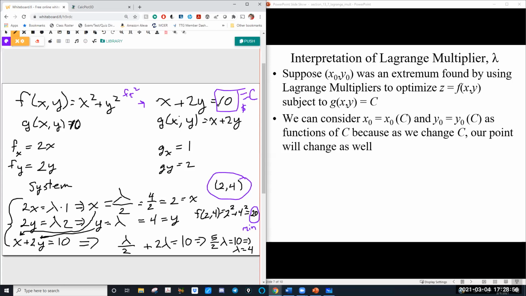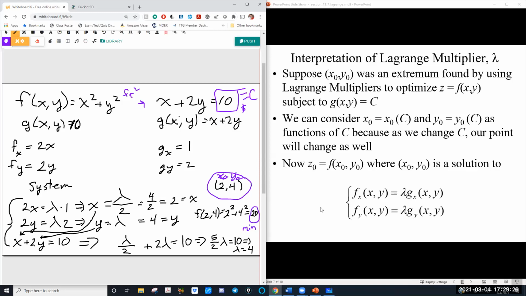Well, every time I change my budget, the point that produces my optimal value will change as well. So what we're doing is thinking of x0 and y0 as implicit functions of C, meaning that if we change C, x0 and y0 will change in a corresponding way.